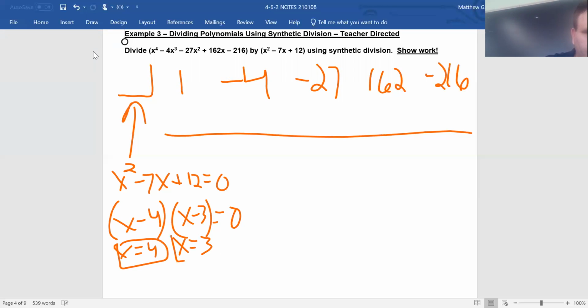So we have to decompose the fourth degree polynomial down to a second degree polynomial by using both of these. Which one we start with doesn't really matter. I'm going to start with the 4. So we're going to start with 4 and 3.